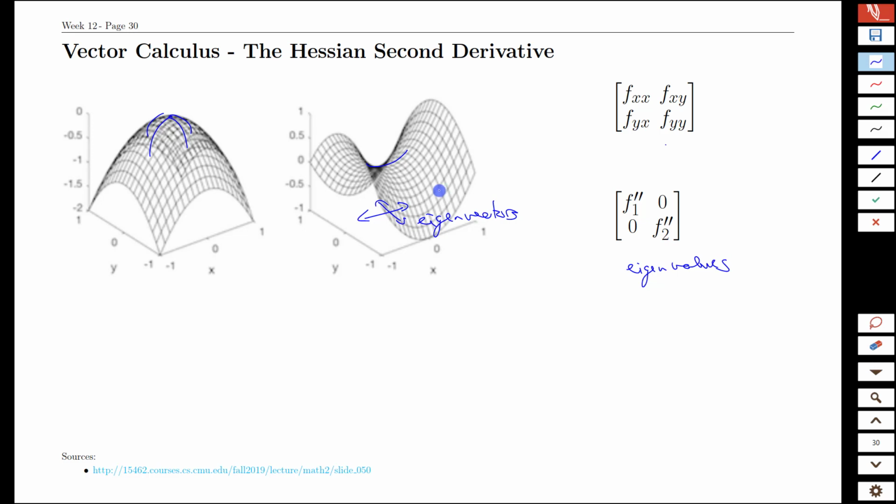So again, we have this idea of properties that can be explained in the xy axes, but it's really nicer if you can explain them in maybe slightly different axes. It'll simplify the picture, and you can simply describe curvature in a much more straightforward way than you can when you use the default but not necessarily best matched x and y axes.